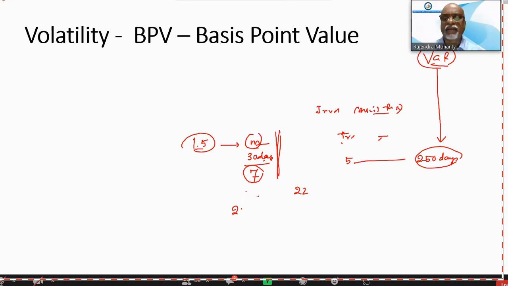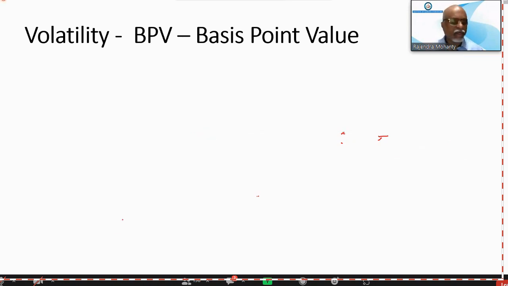Normally the question will ask what the volatility will be for 45 days. If monthly, they will say assume a month has 22 or 23 days. VAR questions and these volatility questions are given that way so that we understand that in a year there are only 250 working days.